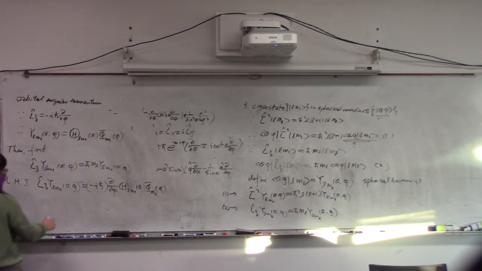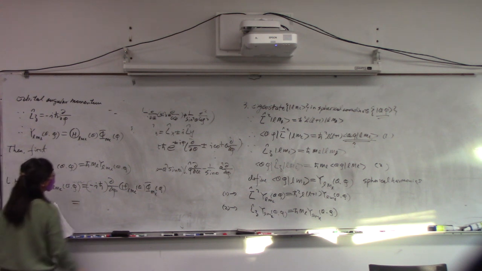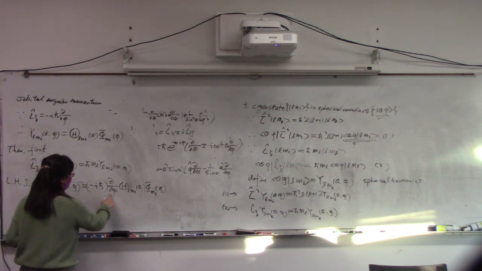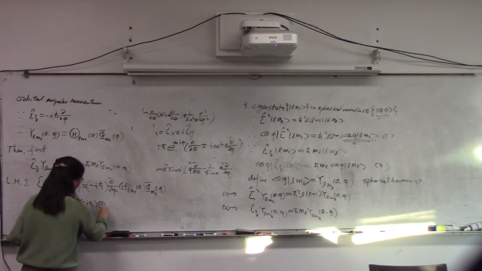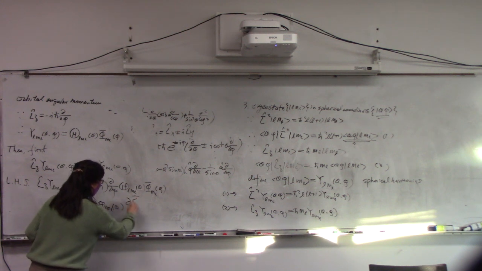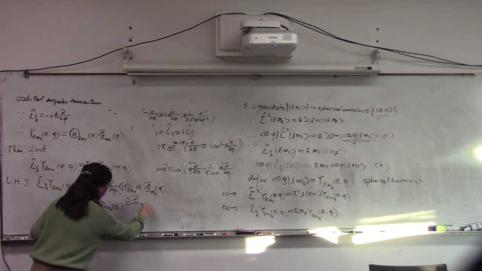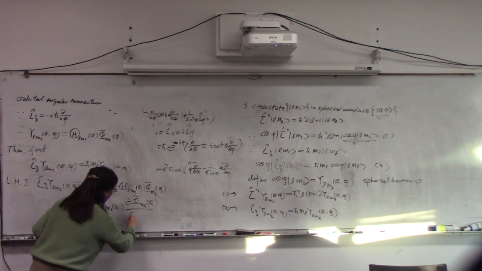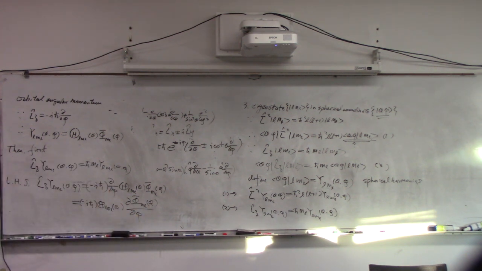Now let's keep continuing. Since this does not depend on phi, I can take it outside, right? And only do the derivative to Phi. That is the left hand side.